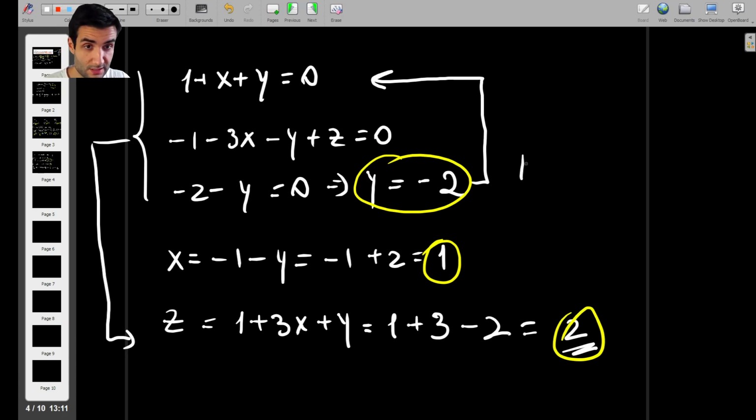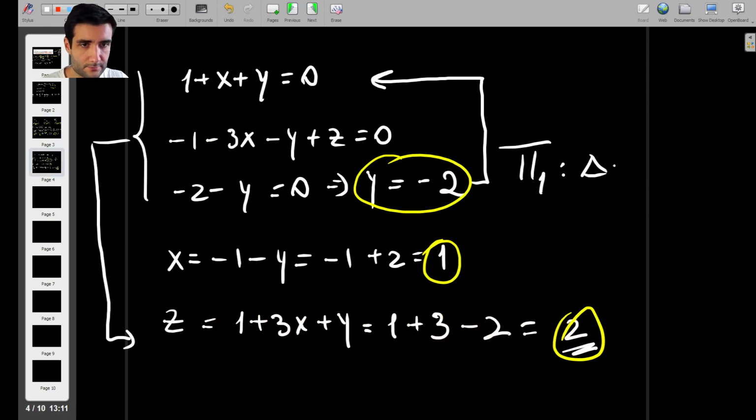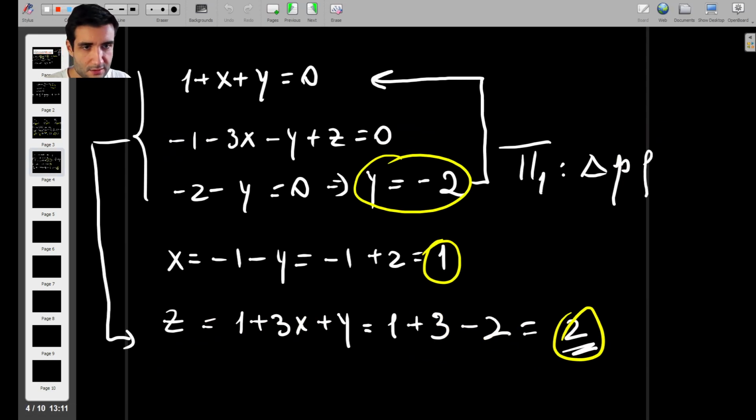So now we can say that pi1, the first pi group, is going to be equal to delta p times density to the power x. So density to the power x is density to the power 1. And then we have times viscosity, should be viscosity to the power minus 2.